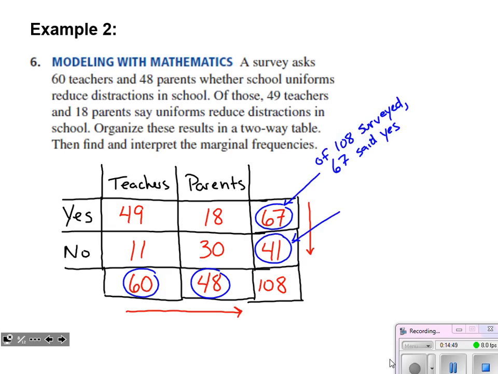And then for the 41 of the 108 surveyed, 41 said no. Uniforms do not reduce distractions.